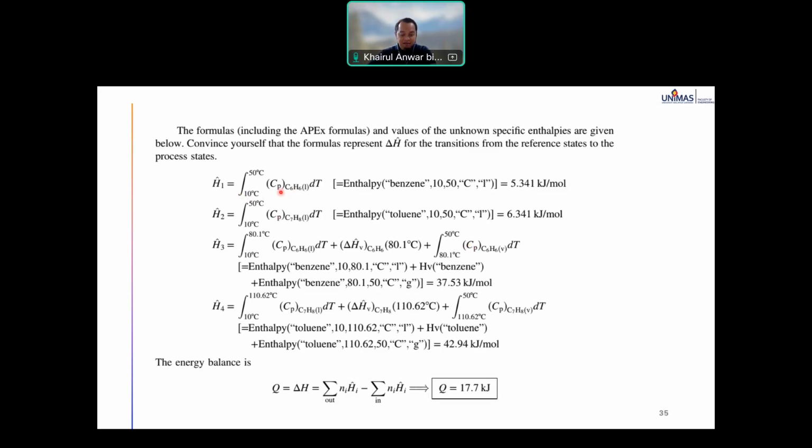So meaning you can just find Cp. For Cp, go to table B2, page 635. There are two states, so you choose liquid because this is liquid.